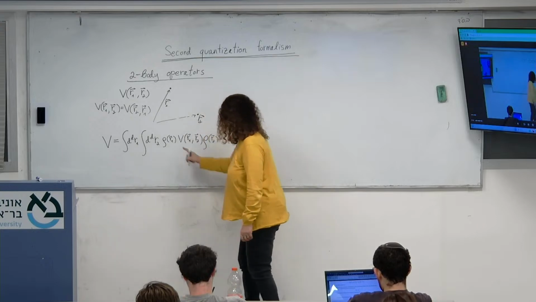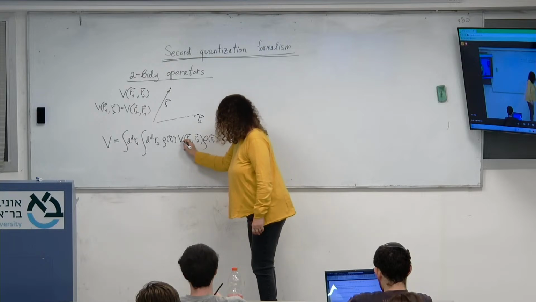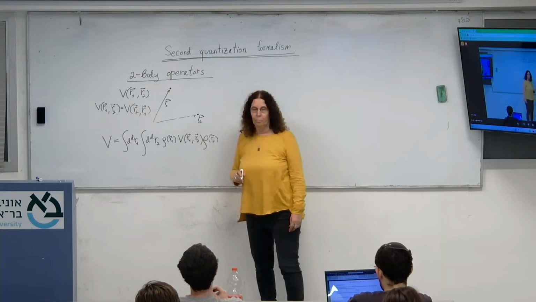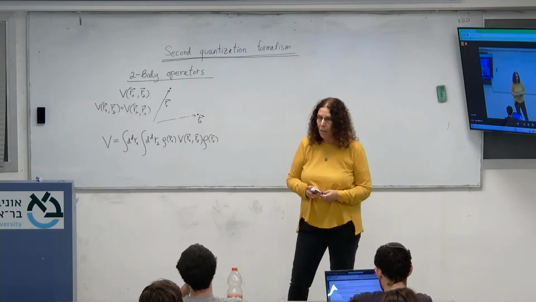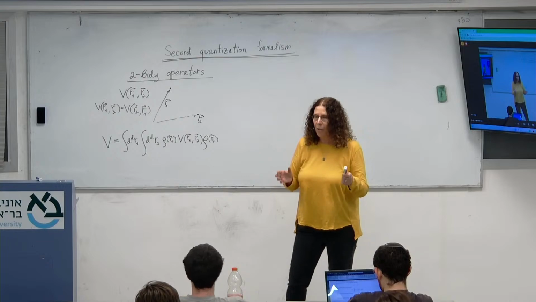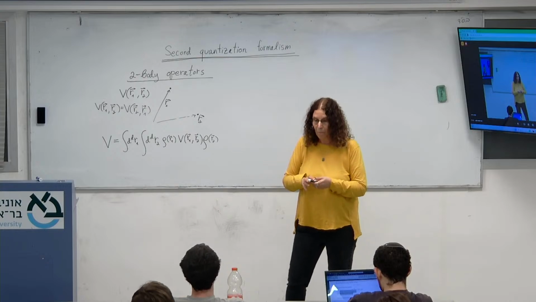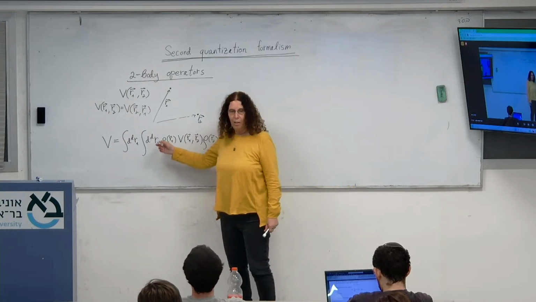So it's the product of density times the potential. This is, for example, the total Coulomb interaction of a set of charges that is characterized by some charge density.